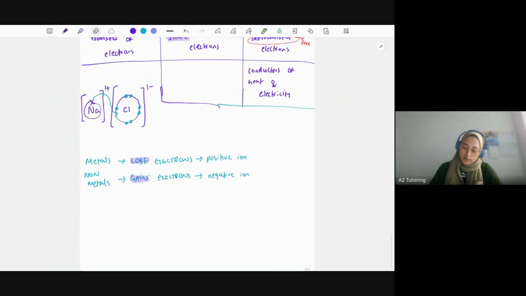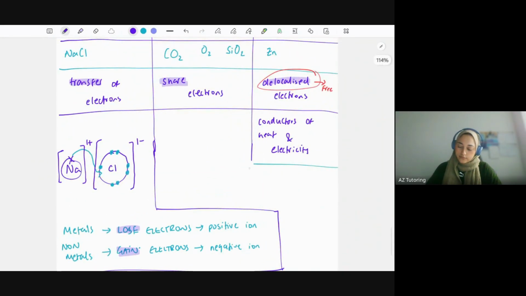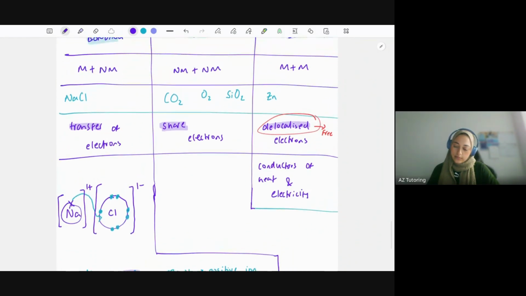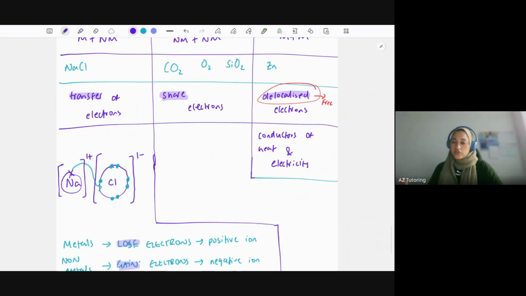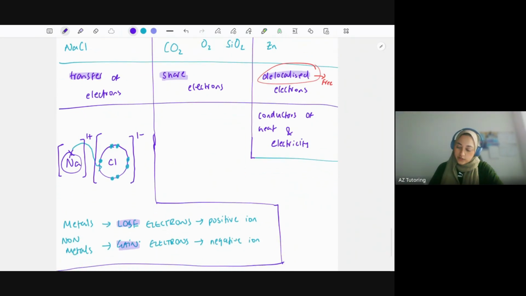Let's box this off. We'll do oxygen. That's quite a straightforward one that usually they ask about. When you're drawing the covalent bonded structures, draw how many outer electrons they've got first.